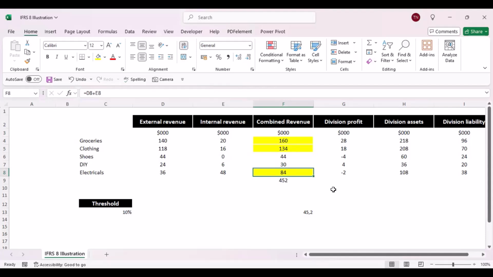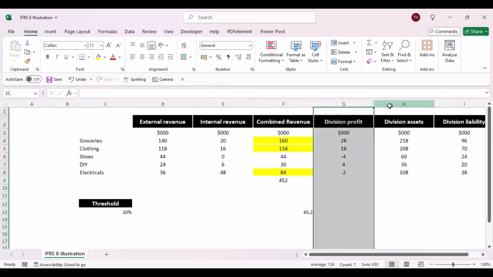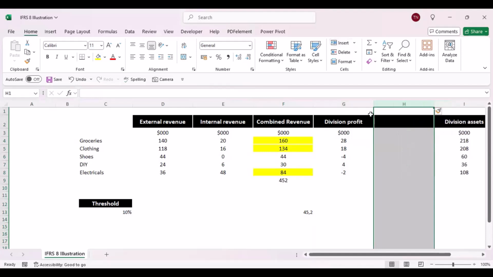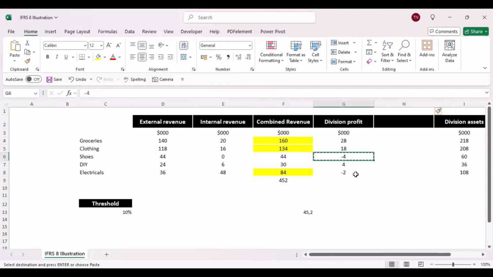Now let's look at the second one, which was the profit. So we need to remove these losses. Let's put them separately here, because on this criteria, we need to look at profits and losses separately.